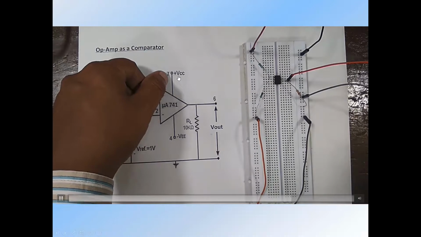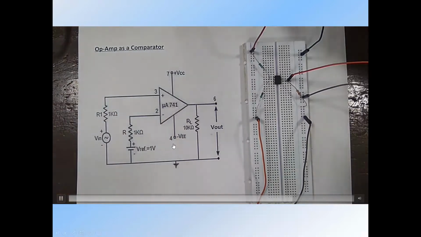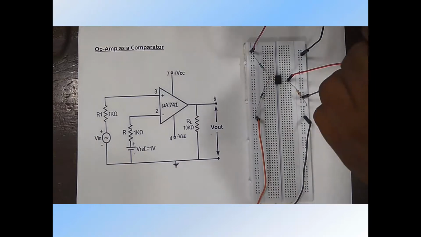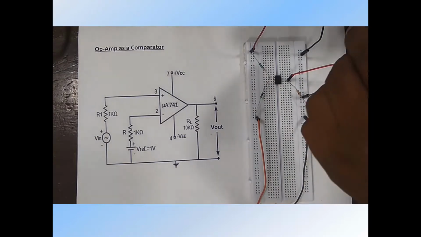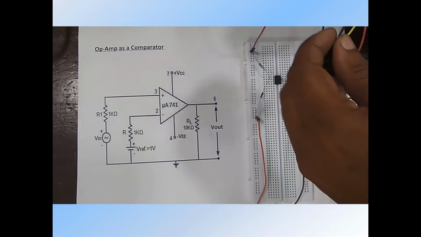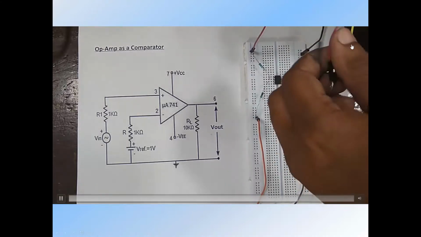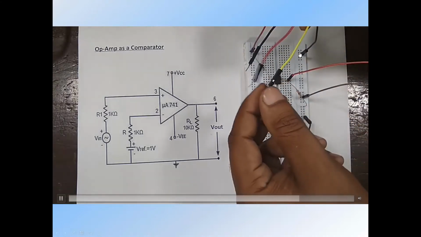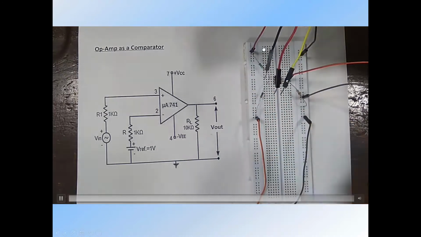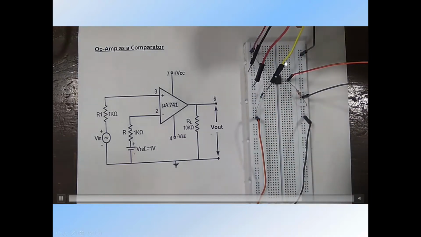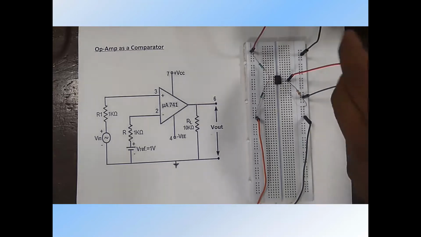Now connection of DC supply to pin number 7 and 4. For this, these three jumper wires, yellow, red and black, are connected to a DC power supply. Yellow is connected to plus 12, red is connected to minus 12 volt and black is connected to ground of the DC power supply.